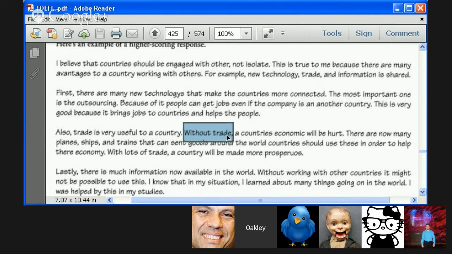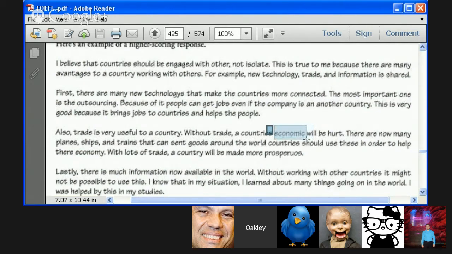No, the idea of trade as a noun, it's a little bit weird in English. I do realize that. But we use it as a noun. No, it's okay. Without trade, comma, that's okay. Countries, you need an apostrophe, you mentioned, to make it possessive, which is correct. You need to make a possessive here with countries.